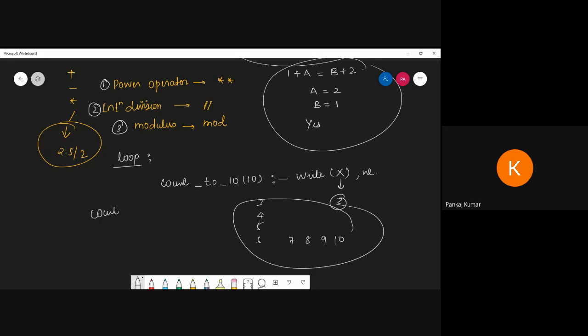So we have to write count 2 underscore 2 underscore up to 10, and how to write all the things. So suppose I am writing x, whatever you write x. So whatever x value you put, it will take, and then it will write x and all the things. Okay. So these are the count variables for counting all the things. You can start counting.